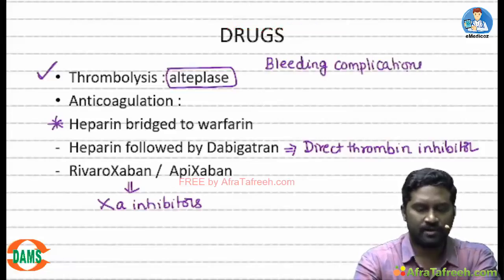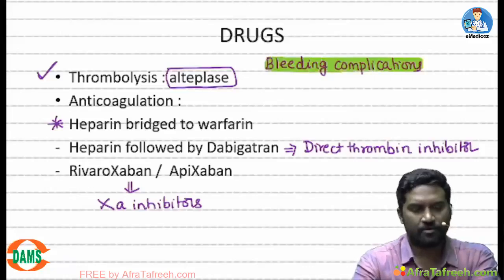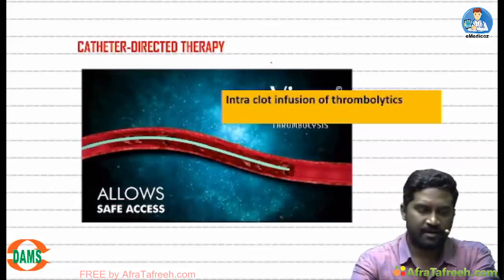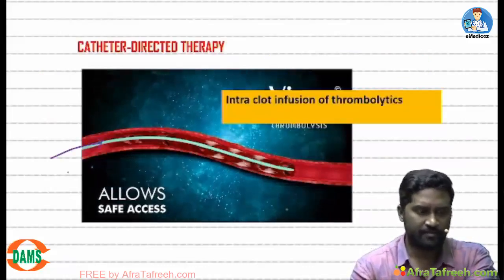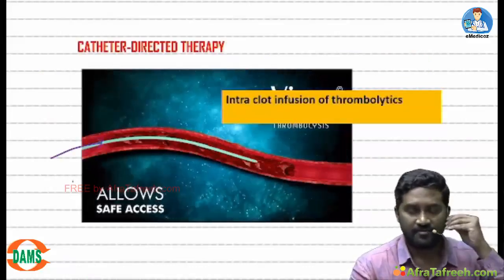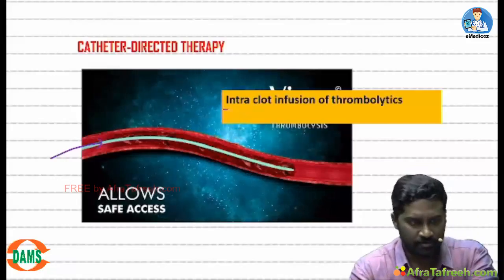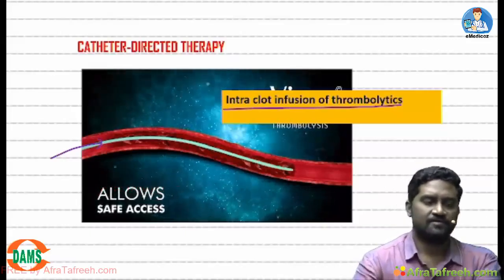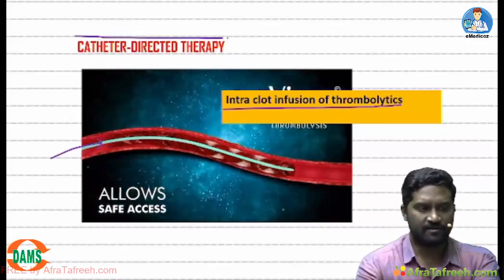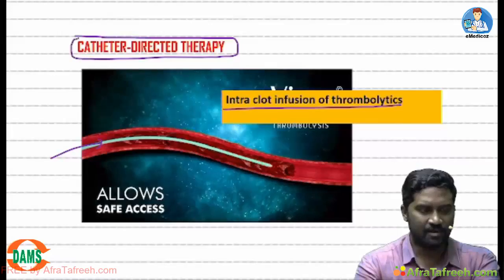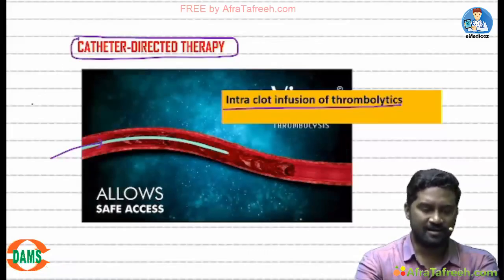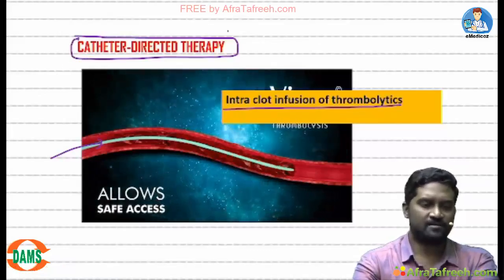Now to overcome these bleeding complications, there is a new method of thrombolysis. What is that? Here I am directly going to put a catheter in the pulmonary circulation. Wherever there is thrombus, I am going to do intraclot infusion of thrombolytics. This is an advanced method called catheter directed therapy, because you are directly introducing the thrombolytic into the pulmonary circulation.